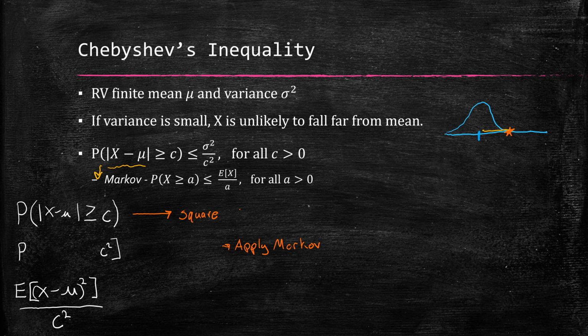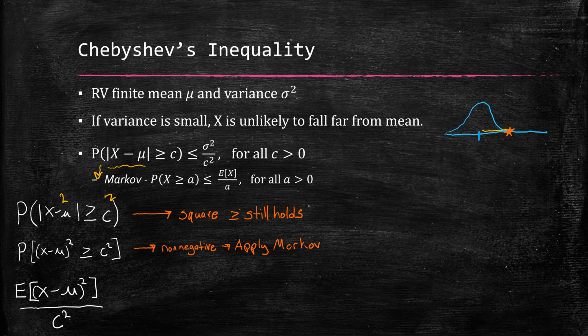So let's jump into this proof. We take the probability of the absolute value of x minus mu being greater than or equal to c. Now, if we square both sides of that, the inequality will still hold. So the probability that the random variable x minus mu squared is greater than or equal to c squared.